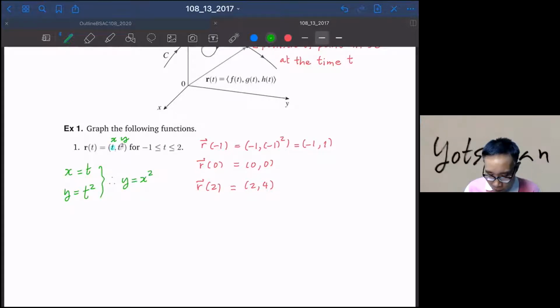So you have y equal to x squared, and you plot it from -1 less than or equal to x less than or equal to 2. Why do I have that? Because x equal to t.